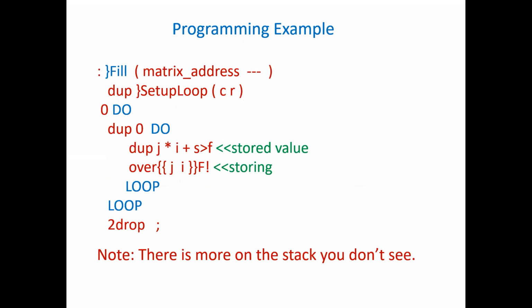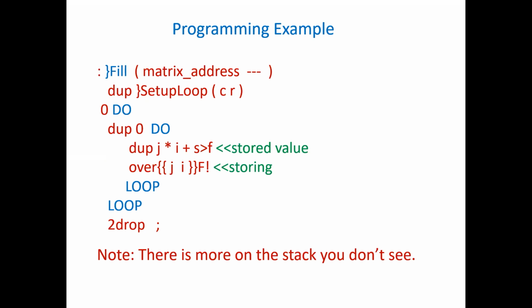So here's a programming example. Here's the actual code for the fill command. The setup loop sets up the row and column. The row number goes into the first DO, so we're doing this over rows. The C is duplicated. It goes into the second DO, which says over the columns. And now we're using the low-level operators. So we can duplicate the matrix address and do some row and column I and J operations to it.